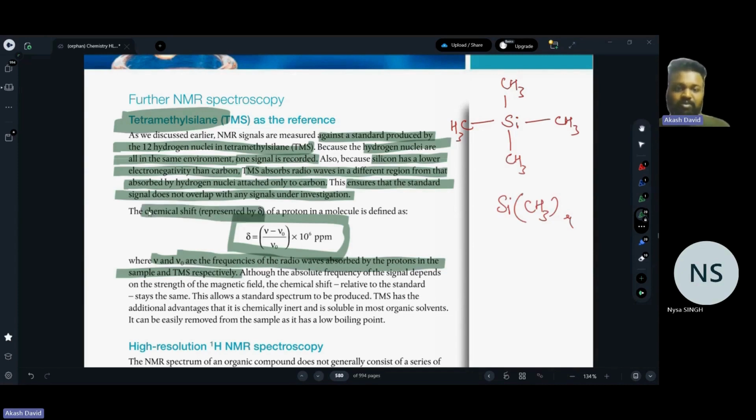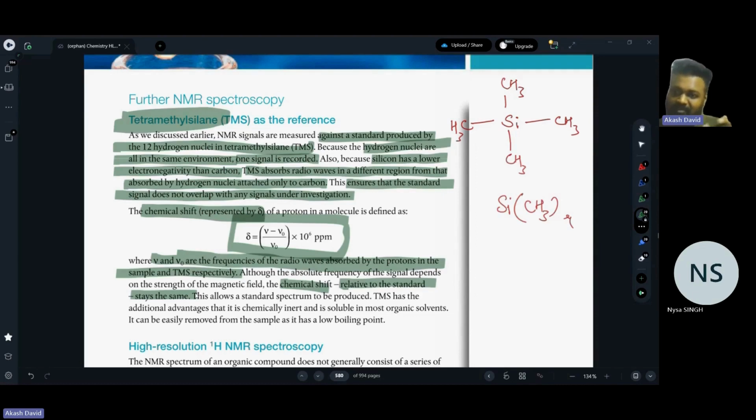Although the absolute frequency of the signal depends on the strength of the magnetic field, the chemical shift, that is, relative to the standard, stays the same. No matter what strength of magnetic field you're using, you will always end up with the same chemical shift.